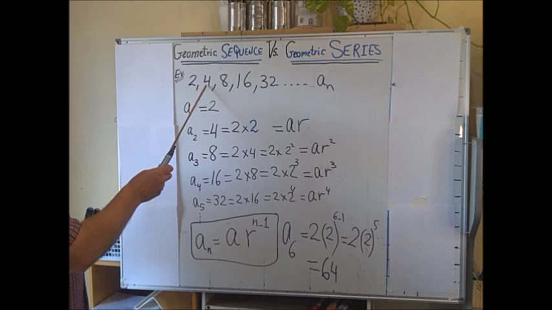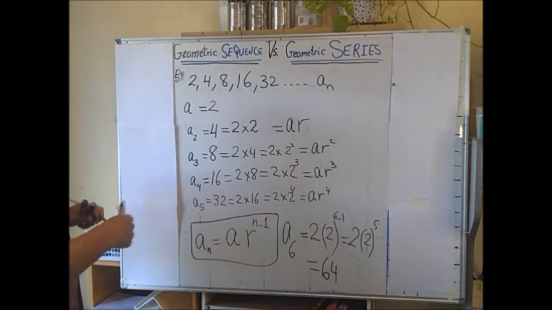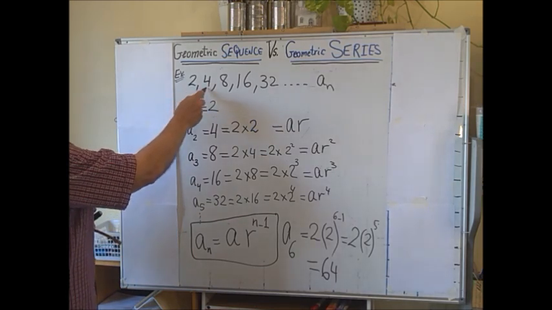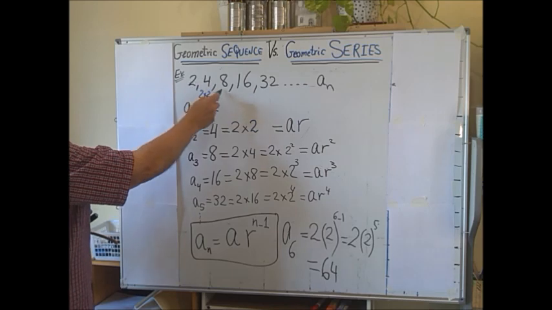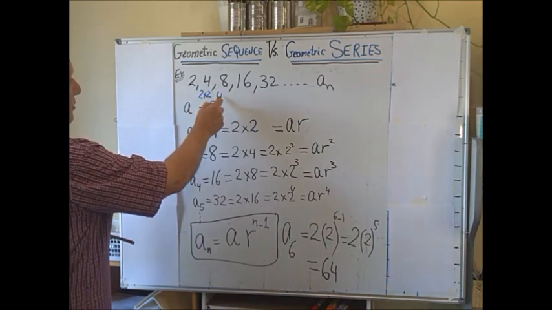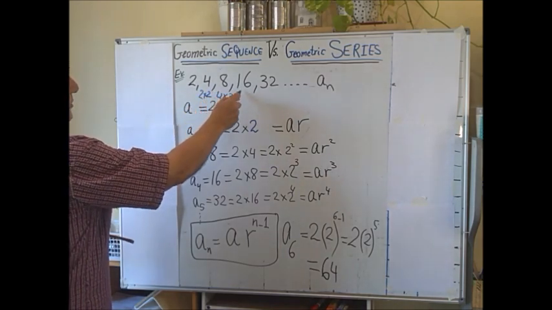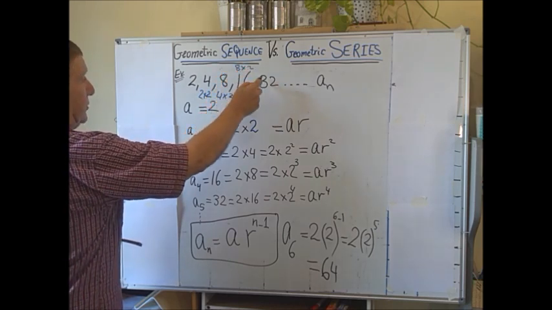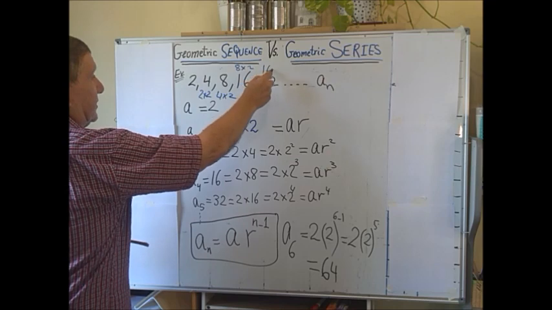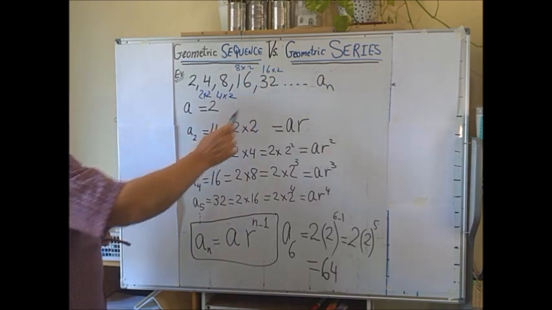That is, to obtain the number, we multiply the previous number by 2. So this one is 2 times 2, because that's the previous number. This one is 4 times 2. This is 8 times 2. This one 16 times 2, and so on.